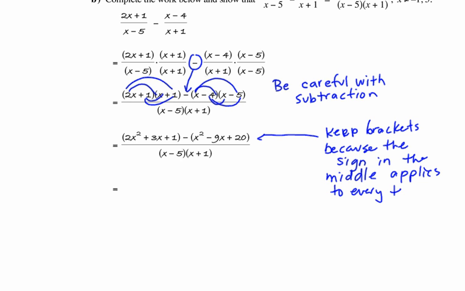Every term in the polynomial we are subtracting. Does that make sense? Every term in the polynomial, a lot of writing, I'm sorry, we are subtracting.